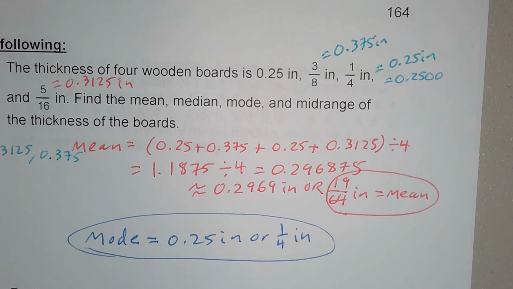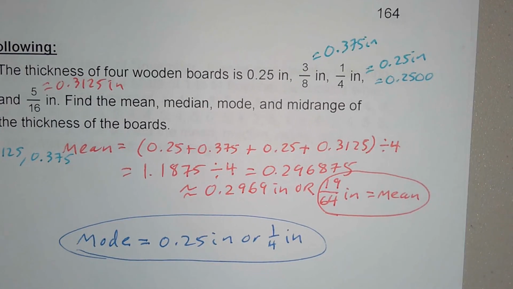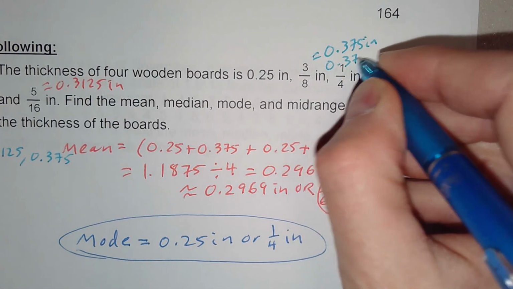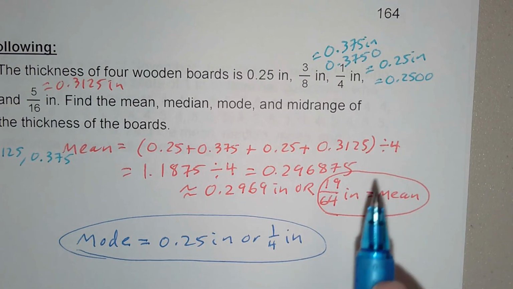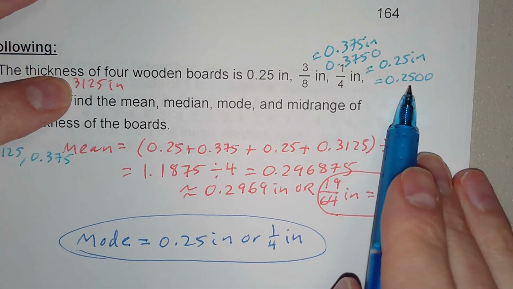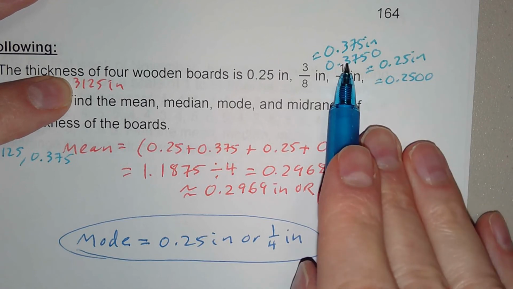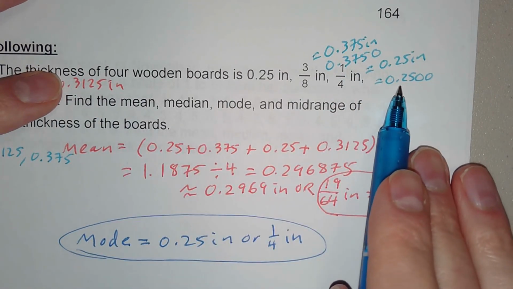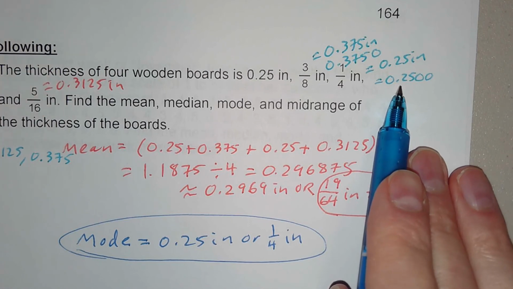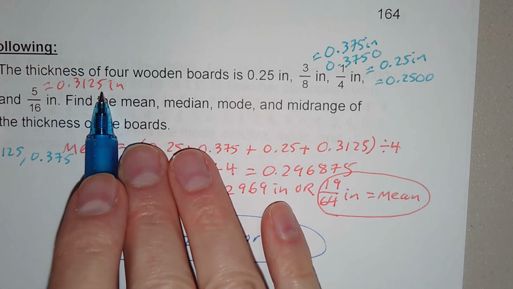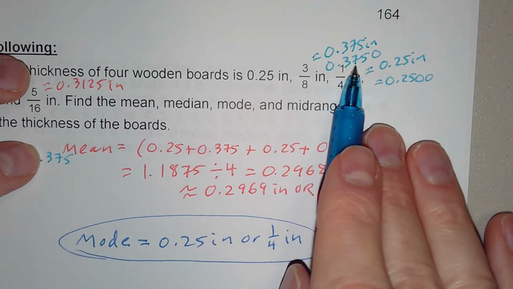So 0.25 would be 0.2500. 0.375 would be 0.3750. So I'm looking at 2,500, 3,125, 3,750. So the 2,500 would go first, so the 0.25s. Then the 0.3125, and then the 0.3750.